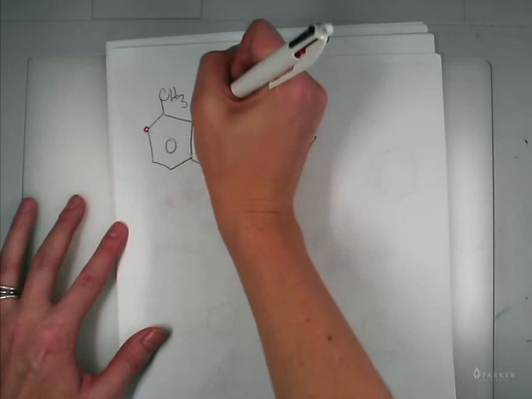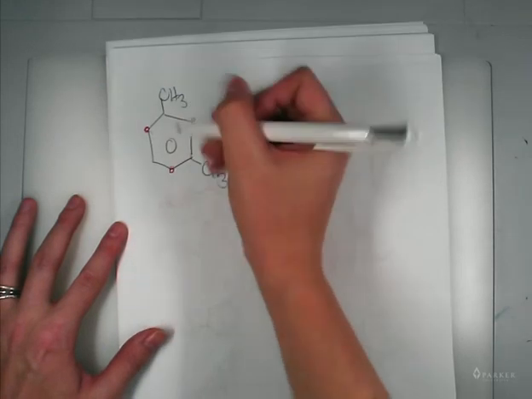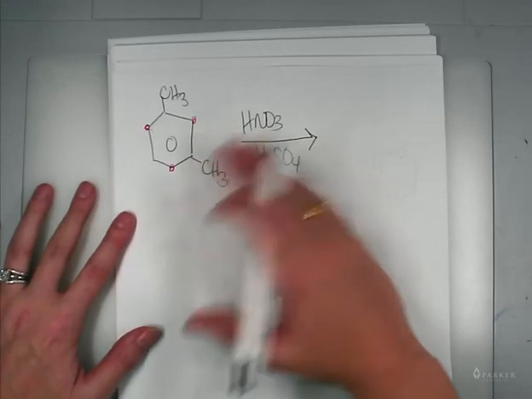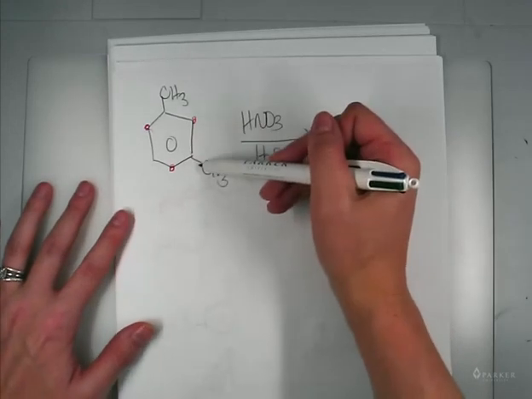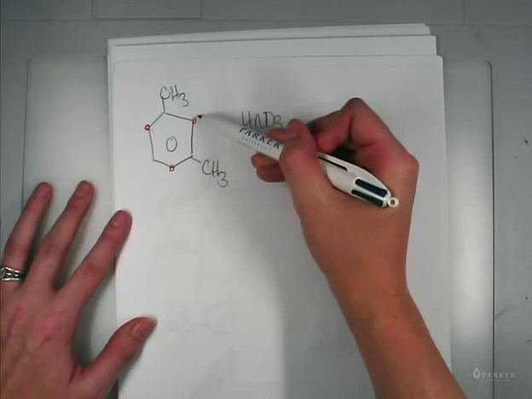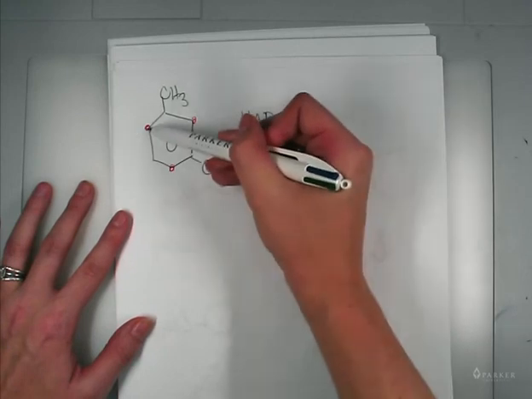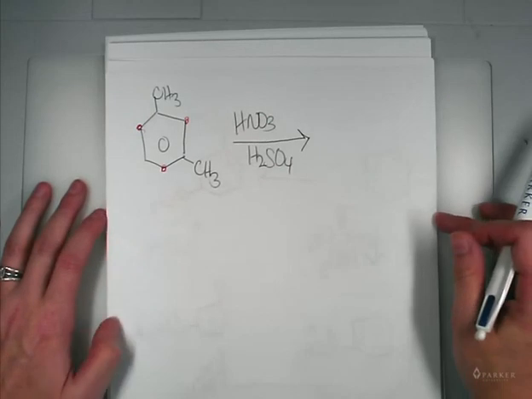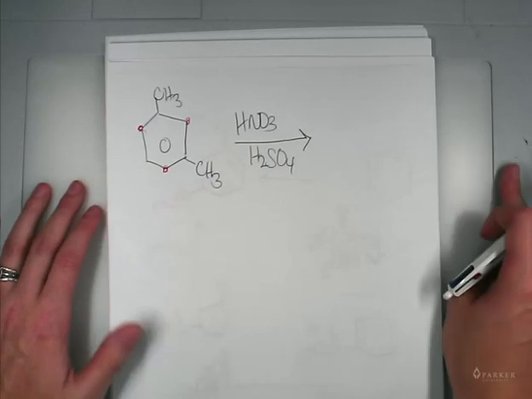So I have ortho and para compared to that one, right? Now let's look at this one. Ortho would be these two, right? And then para would be that one. So do you see they actually complement each other? But look at all the positions.